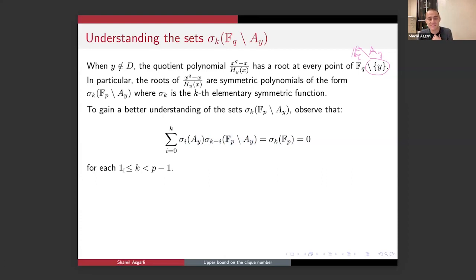But it's an easy exercise to see that if k is between 1 and p minus 1, then this sum is 0. So this is where we use primality.